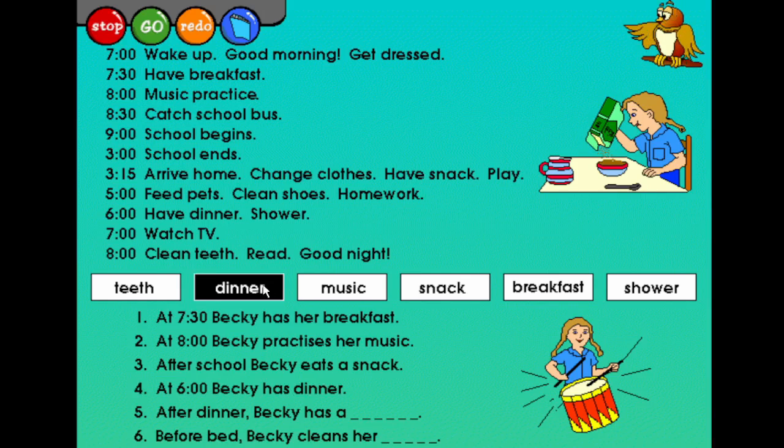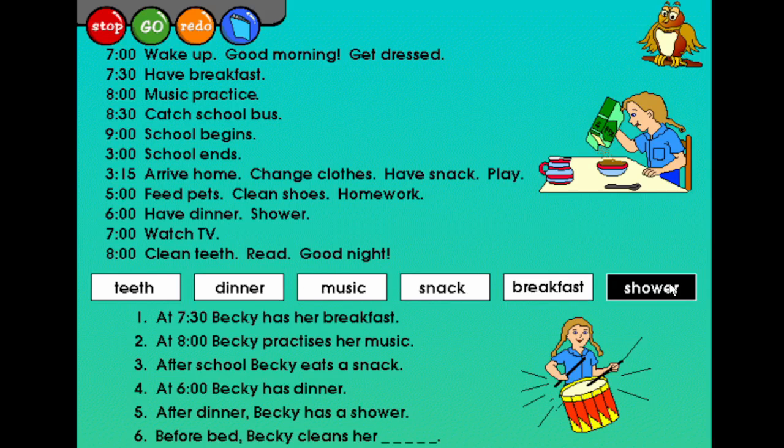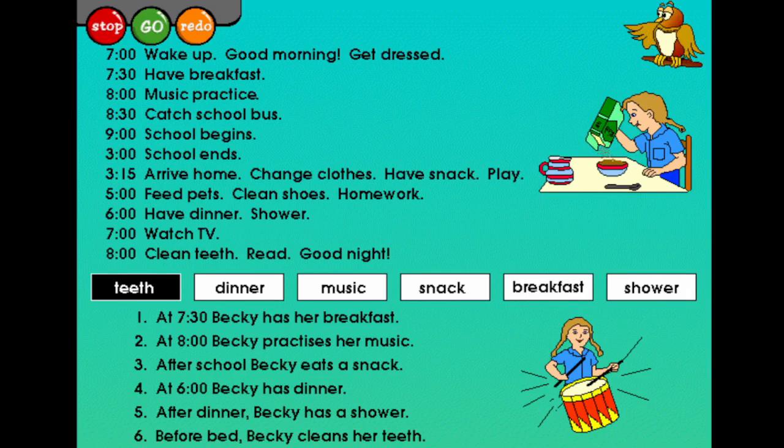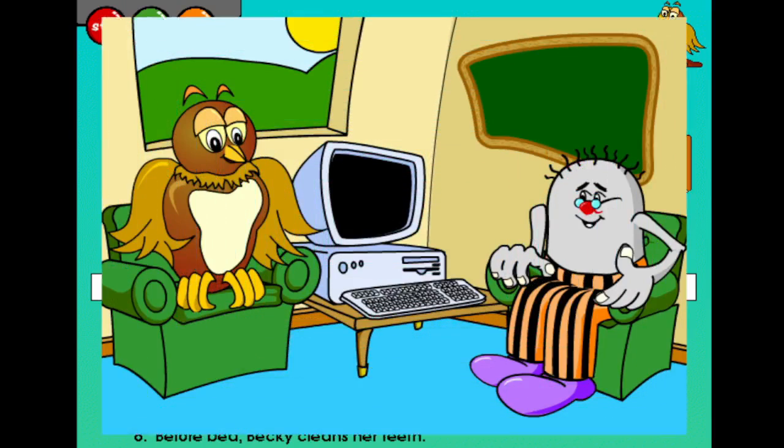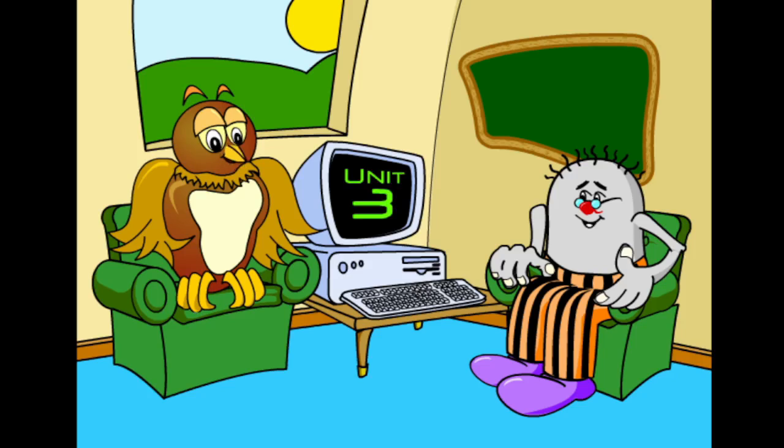At 6 o'clock, Becky has dinner. After dinner, Becky has a shower. Before bed, Becky cleans her teeth. You are very good. Excellent work! Unit 3, Reading Crossword.